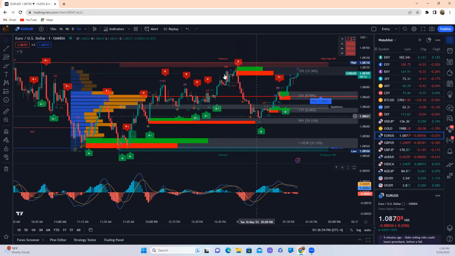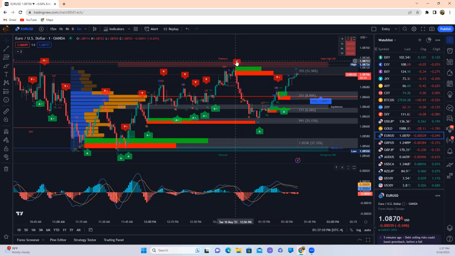But as you can see, this was just a pullback in the greater scheme of things on the 15 minute. It's just an example of how sometimes you can only get a few pips from this signal. That's why I say you can ride it either way. You just have to be smart about it and understand the potential pip count when you put those orders in, either against or with the trend.